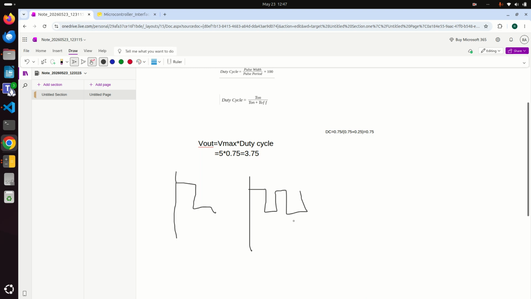Now is this average voltage continuous or what? This is not continuous, isn't it? Whatever voltage is generated is not in a continuous manner, the signal is not going to be continuous.